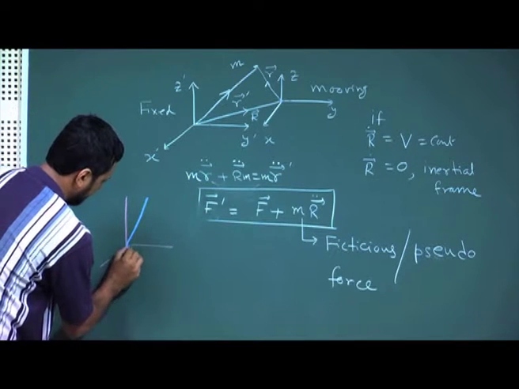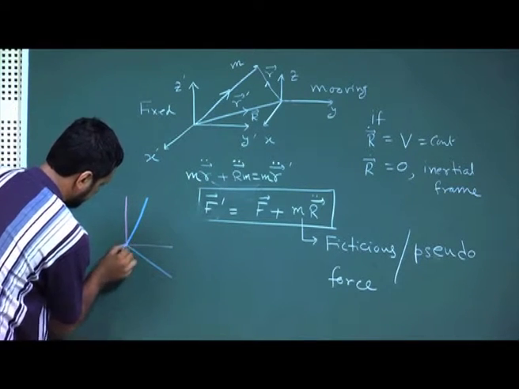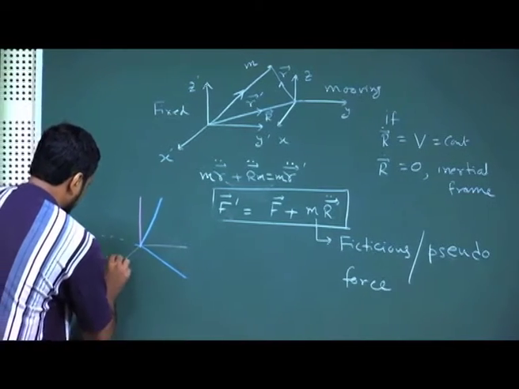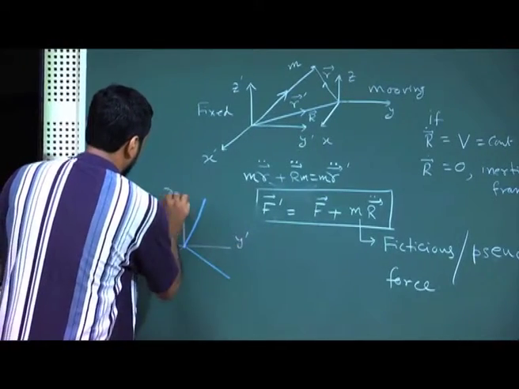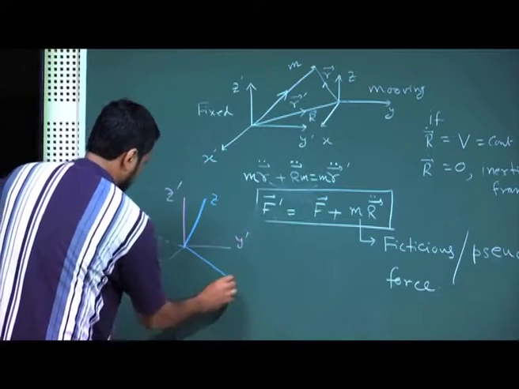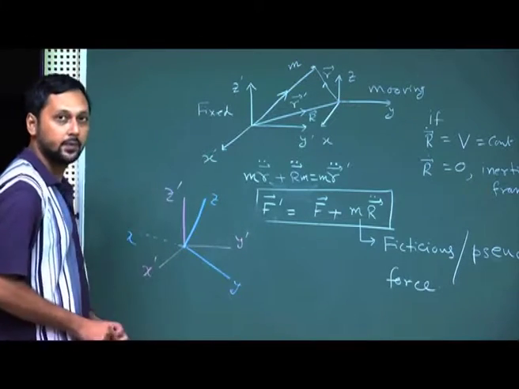So, the origin is common. If this is my x prime, y prime, z prime, then this is my x, y and z.